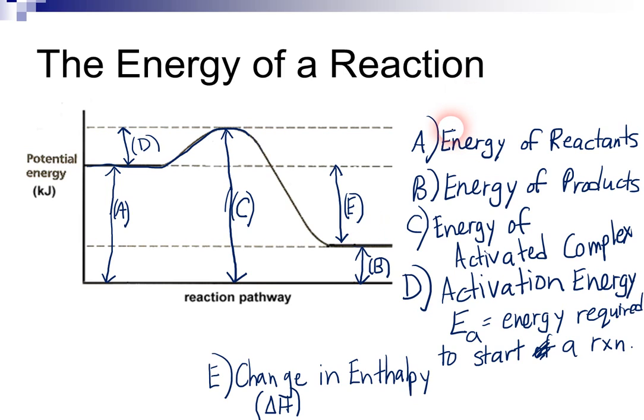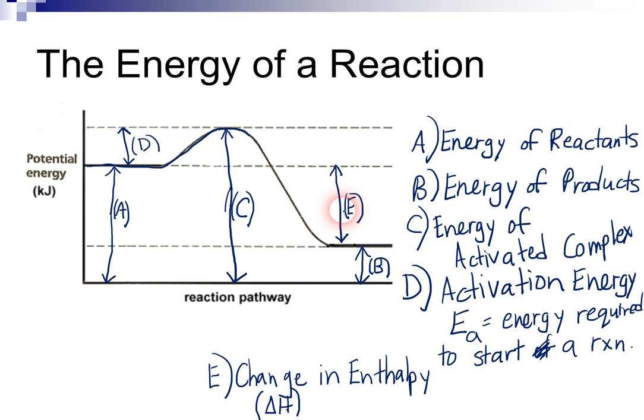Now this tells us how much heat is given off in this reaction. And as you can see, it looks like however much amount E is, that's the amount that's given off. Because we started with this amount of energy on the left side, and we end up with that amount of energy on the right side. So at some point, we lost some energy. And where did that energy get lost to? Well, to the surroundings.